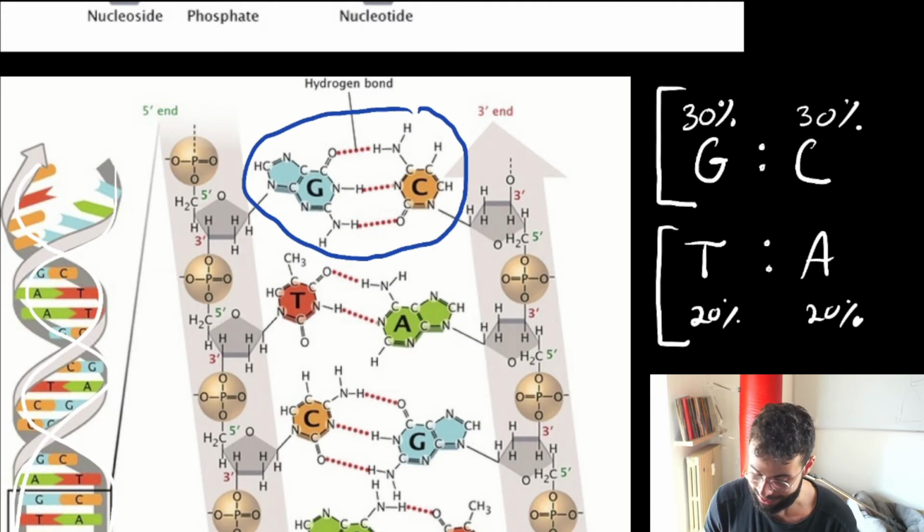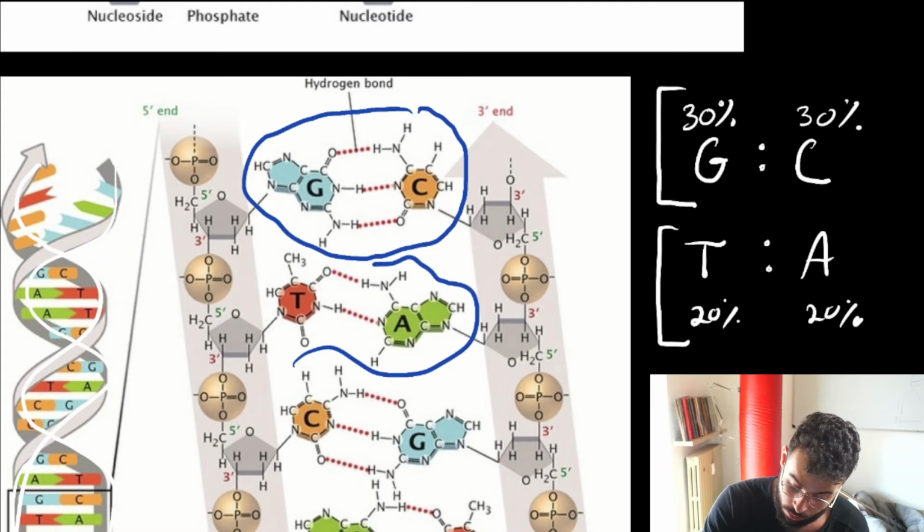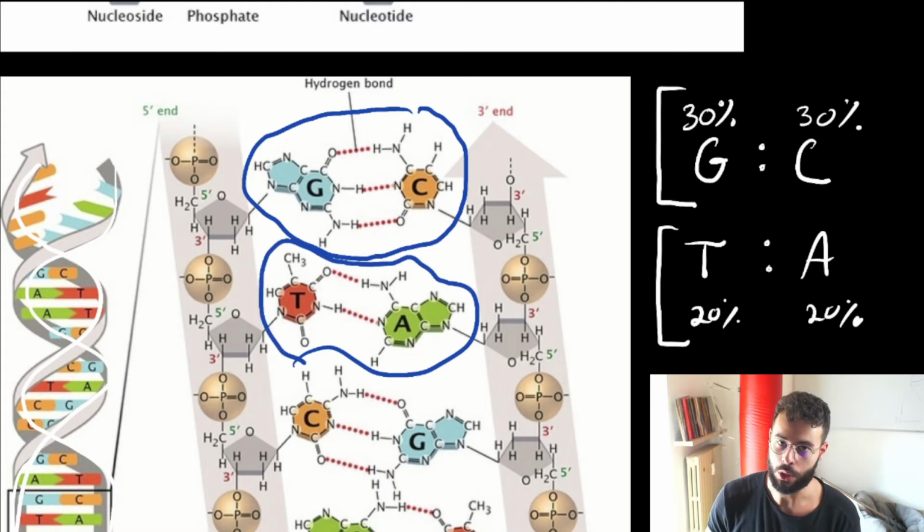On the other hand, thymine and adenine can form 2 hydrogen bonds together. The following formation of hydrogen bonds is stable, and these 2 and 3 hydrogen bonds, because of their connection and orientation in space, give us the helical shape of the DNA, the double helix.